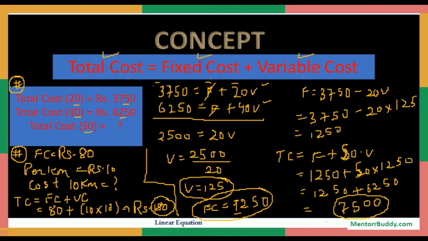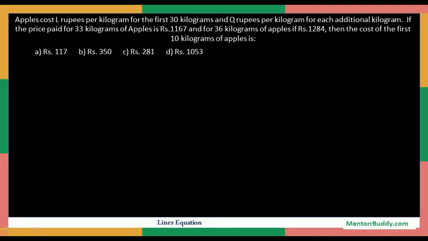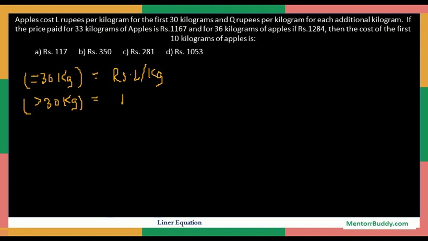Now coming to the question. According to the question, the initial 30 kgs of apple are costing rupees L per kg, and for any additional amount which is taken above 30 kgs, the cost will be rupees Q per kg.